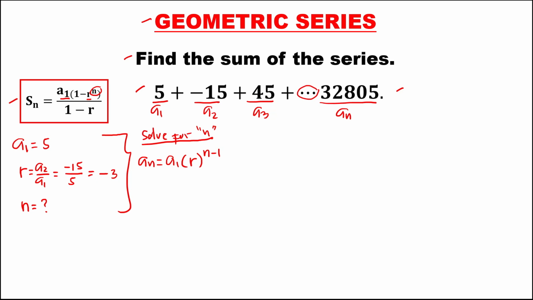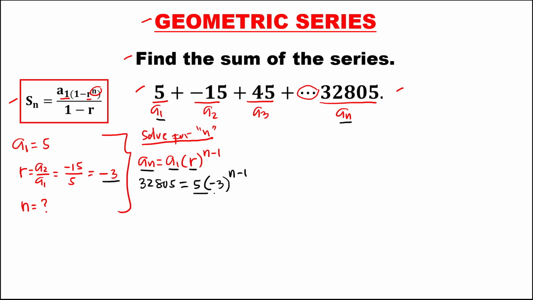Then substitute now all the values to solve for n. So for a sub n, this one is 32,805, then equals a sub 1, the first term is 5, times r. R is negative 3, then to the power n minus 1.